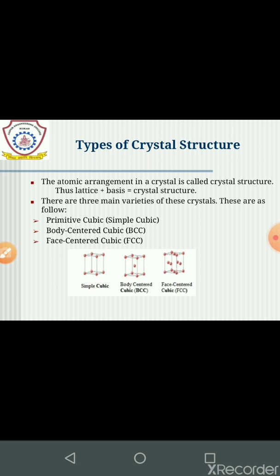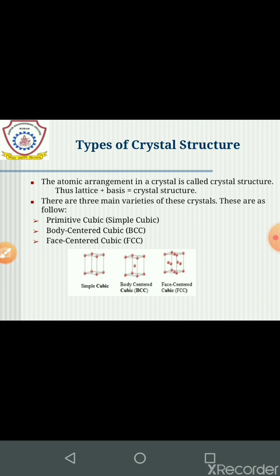It is clearly seen that in simple cubic, each corner of the unit cell contains an atom, whereas in BCC, or body centered cubic, similar to simple cubic, each corner of the unit cell contains an atom plus an additional atom is placed at the center of the unit cell.